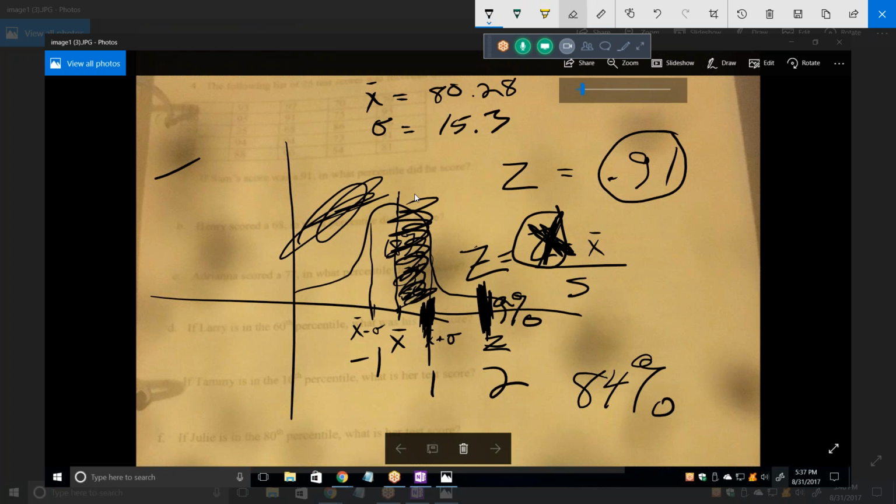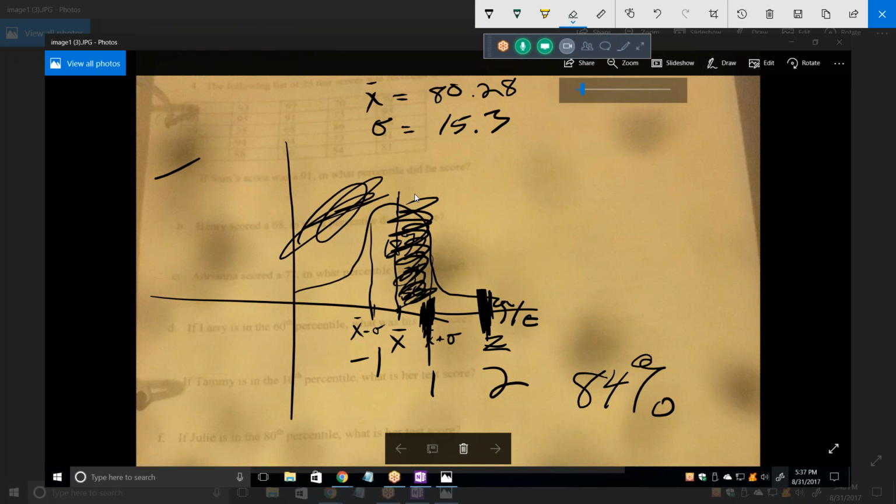So what we want, if I understand it correctly, let me erase this. This is the score that we're looking for, x, minus the mean divided by 15.3. That's going to be our answer as long as the z-score corresponds with 91%.